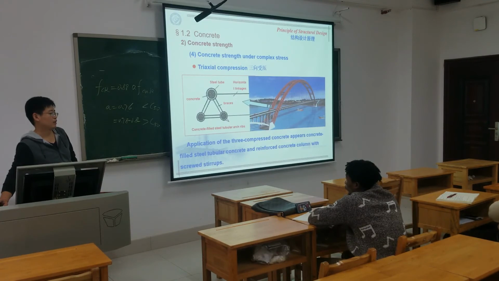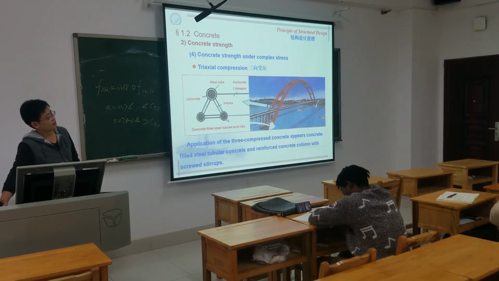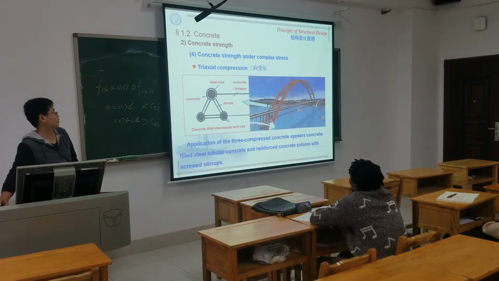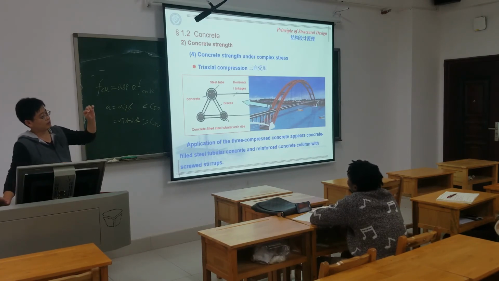The concrete and the steel should be in constant compression. If they are not tight, it won't be strong enough. If the steel tube and the concrete cannot touch very tightly, there may be empty space inside.